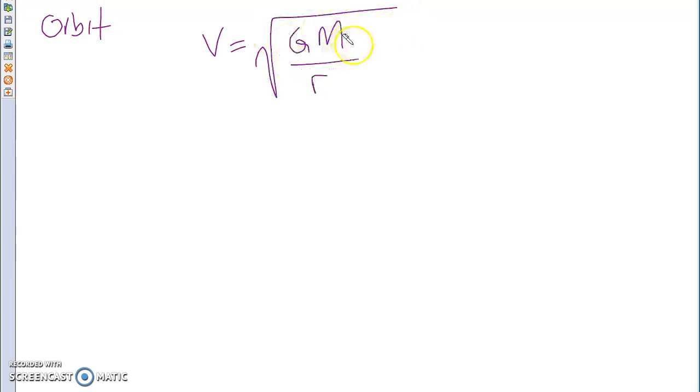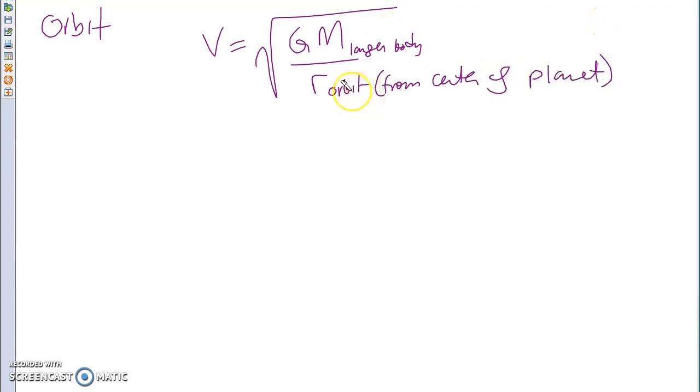This M is the mass of the larger body, and this r is the radius of orbit from the center of the planet. Okay? Are we good with this?